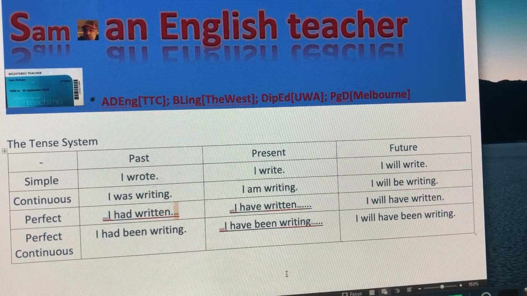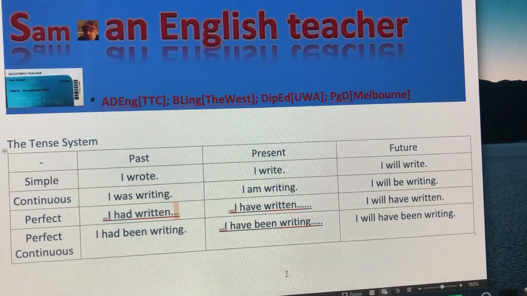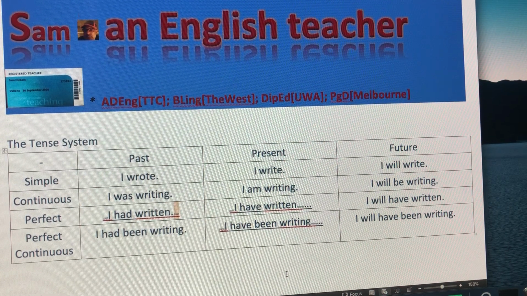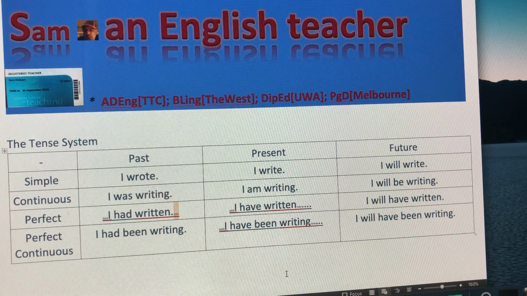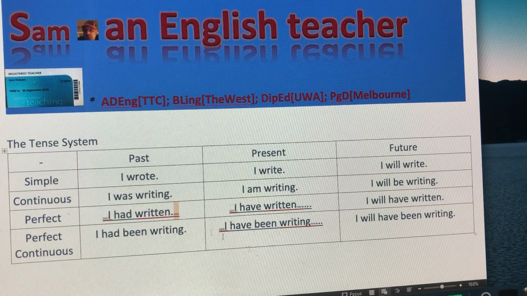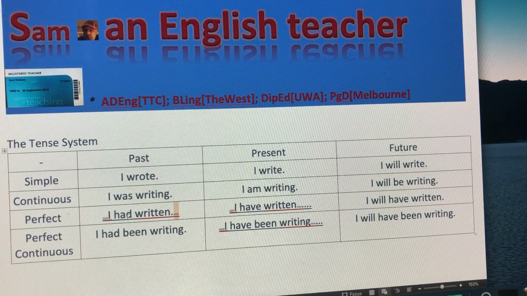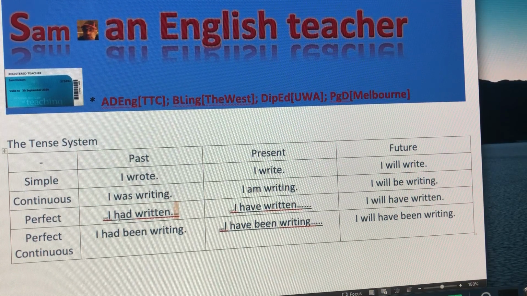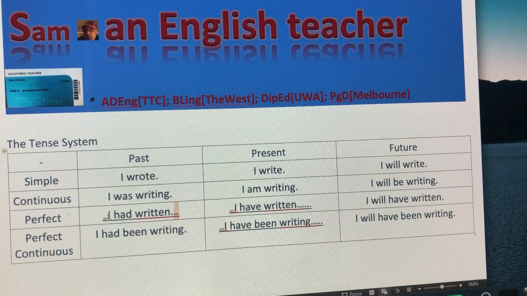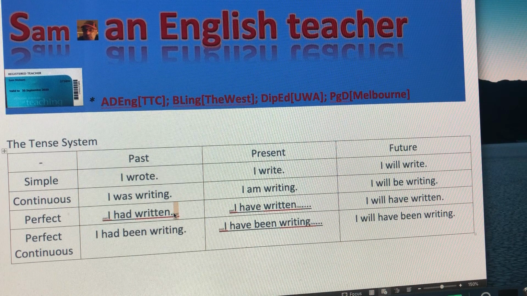And I would say during that time I wrote a book, and I say I had written a book before coming to this city. It means I started in the past and I went over a period of time. I finished in the past.